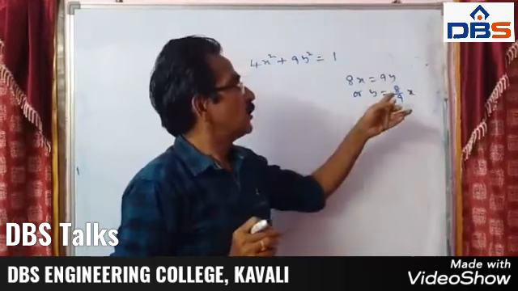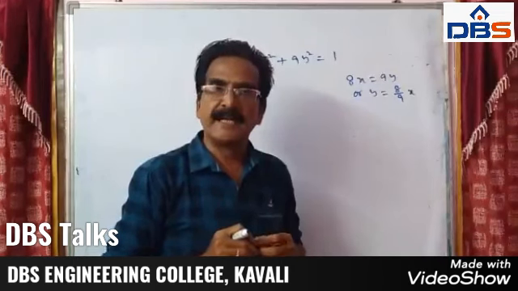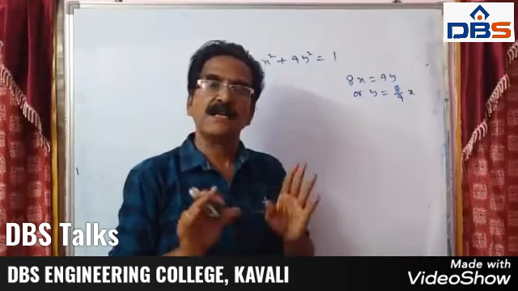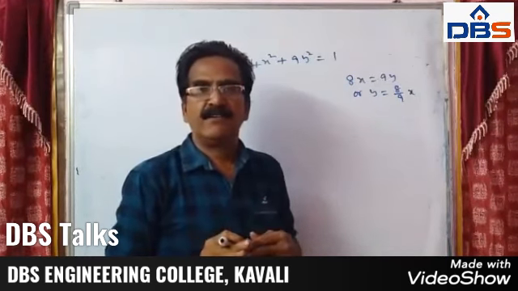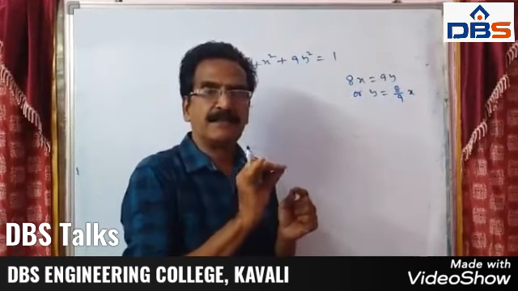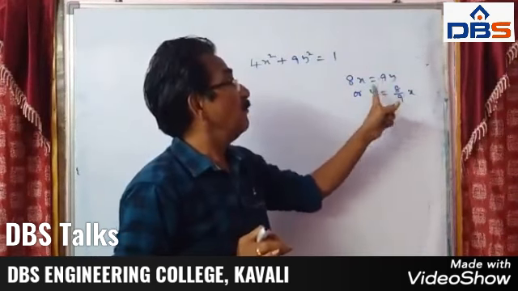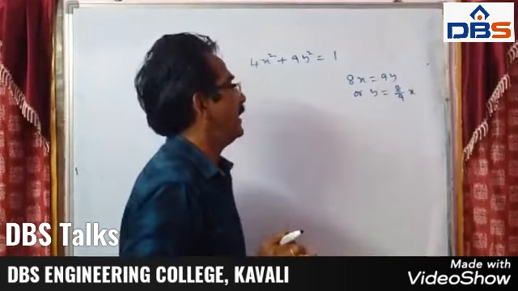So the slope of this line and the slope of our tangents are the same, right friends? Why? Because we want the points at which the tangents drawn are parallel to y is equal to 8 by 9 x.